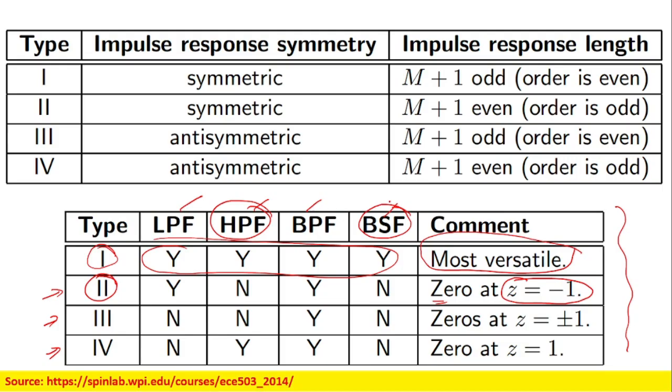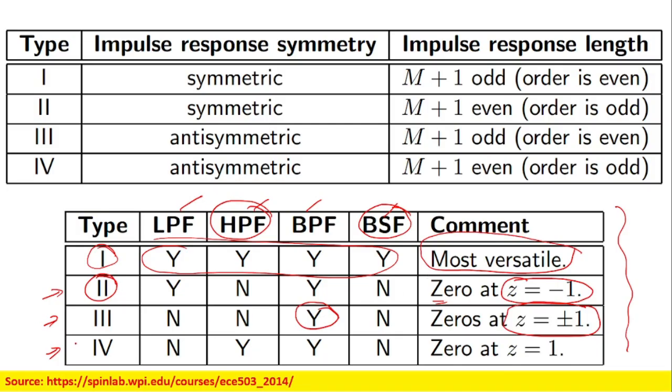Okay. Then when you come to the type 3 filter, there would be a 0 at plus minus 1. That means your low frequency component is also gone, and the high frequency component is also gone. So the only option is where both these components are not included, and it is only possible to design the band pass filter. Okay.